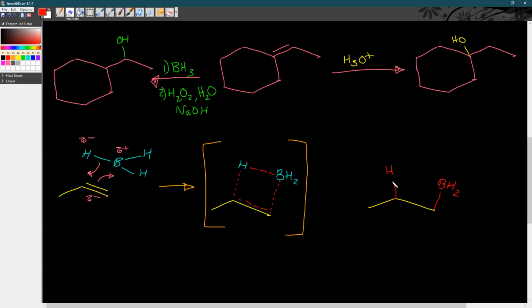Notice and look how that happened. And make sure that this makes sense to you, that, well, why did the hydrogen end up on the more substituted side? Why did it end up the opposite to everything that we've seen so far? It's because it is actually the negative thing in this first step of the reaction, okay? And this is the end of the first step, all right? This is the total end of what the role of BH3 does. BH3 is a way to put the hydrogen on the more substituted side, okay?